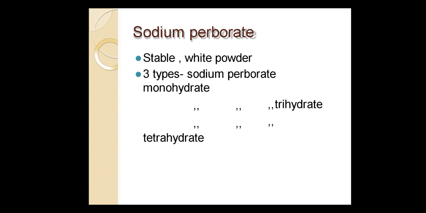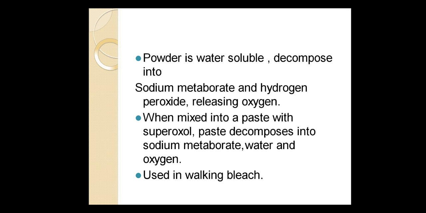Then the second compound is sodium perborate. It is a stable white powder. It is of three types: sodium perborate monohydrate, sodium perborate trihydrate, and sodium perborate tetrahydrate. All these three differ in the amount of hydrogen peroxide released by them. The powder is water soluble, decomposing into sodium metaborate, hydrogen peroxide, and releasing oxygen.